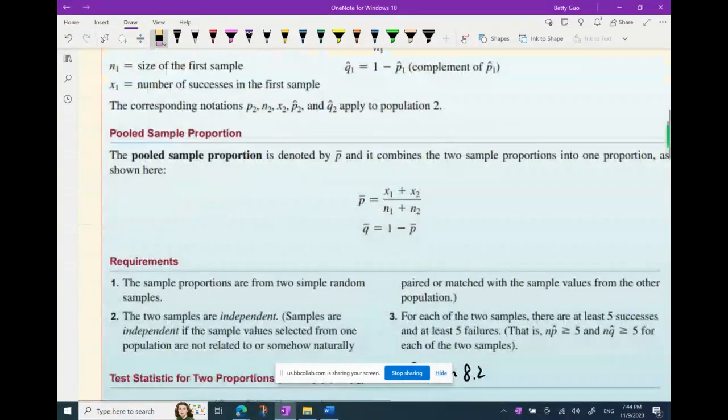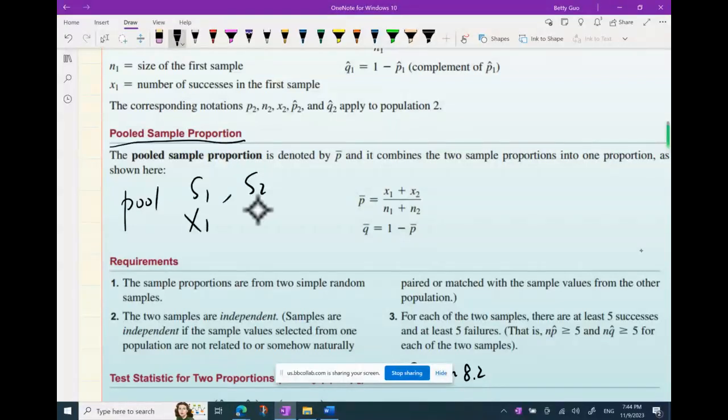Yeah, we have some new statistics. When we pool two samples together, what is pooling two samples together? Let's say we have sample 1 and sample 2. Sample 1 is from population 1, sample 2 is from population 2. When we pool the two samples, it means we put those values all together.